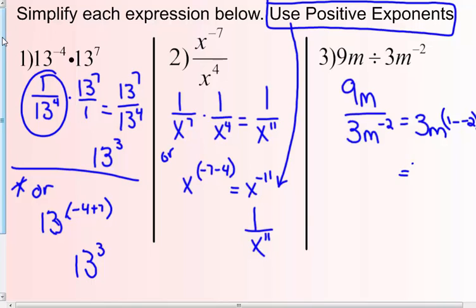I'm going to get 3m to the, okay, so changing that to adding the opposite, 1 plus 2 makes 3, so I'm going to get 3 to the 3rd. Be very careful when you have subtracting with a negative. We know that we have to change that to add the opposite. So 3m to the 3rd would be the answer to number 3.